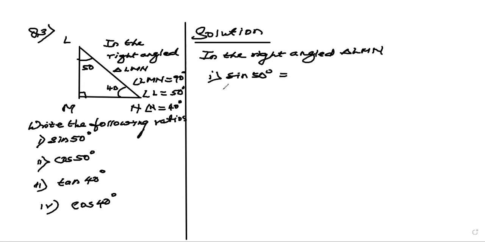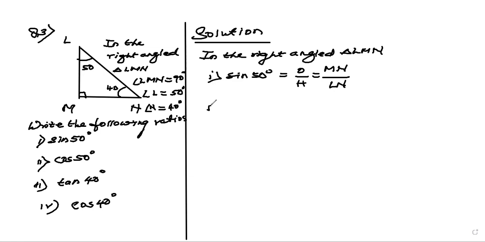So sine of 50 degree. You can see the 50 degree angle on top, children, and sine is opposite side upon hypotenuse. Which is the opposite side for it? You can see the 50 degree opposite side is MN. So naturally MN, and which is the hypotenuse of this right angle triangle? M is the right angle, LN is the hypotenuse. So it will be MN upon LN, okay?